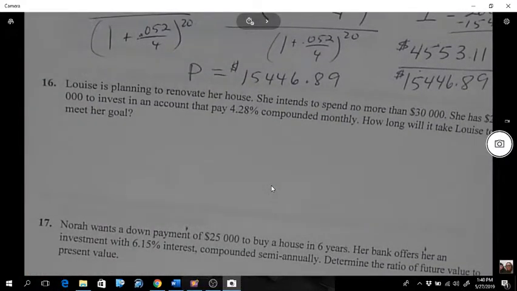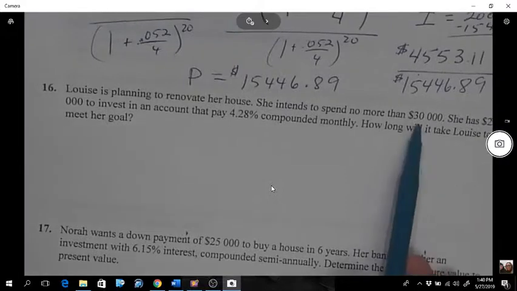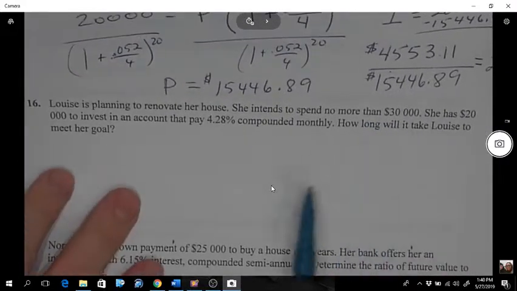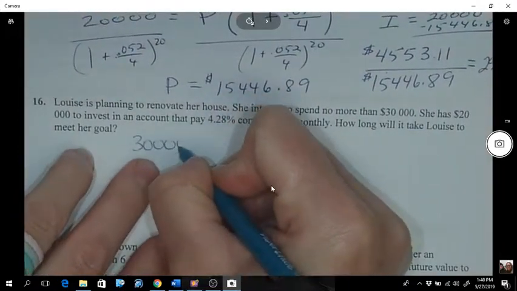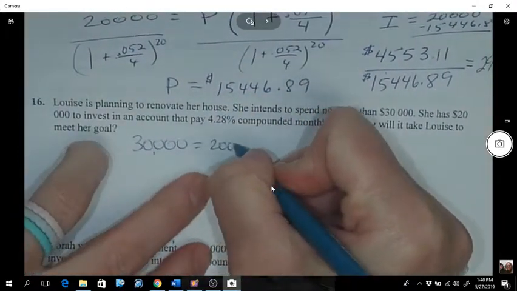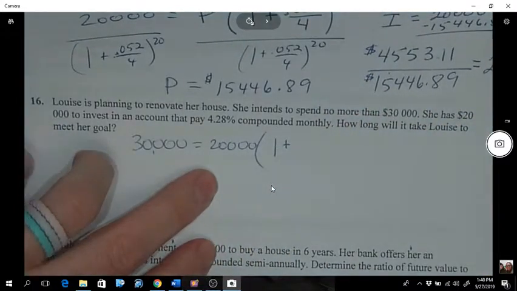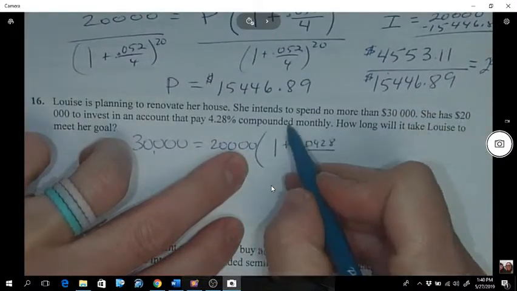Okay, number 16. House rentals for $30,000. So that is what she'll want in the end as a final number. She has $20,000 to invest. Okay, so that's our principal. So we'll fill that in. 1 plus, we know our percent, 0.0428, compounded monthly.